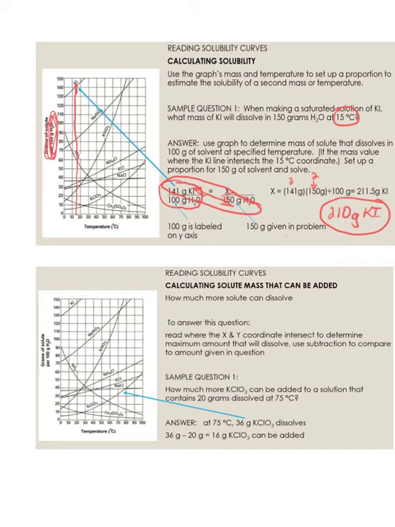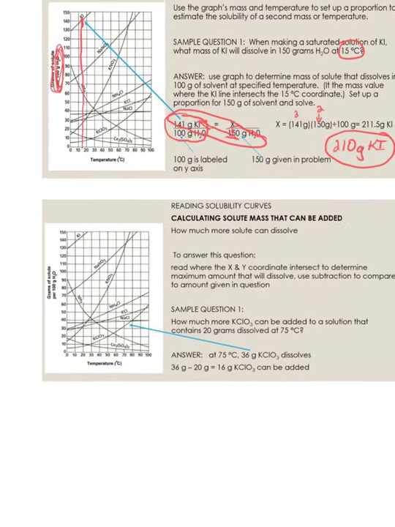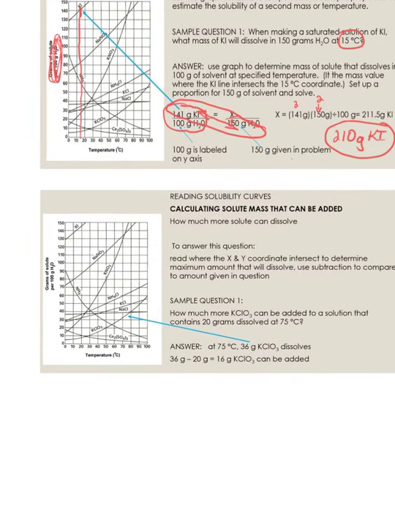All right. Next one, reading a solubility curve. How much more solute can dissolve? So in this one, we're looking at a graph, seeing how much can dissolve, and then seeing how much extra might be able to dissolve.